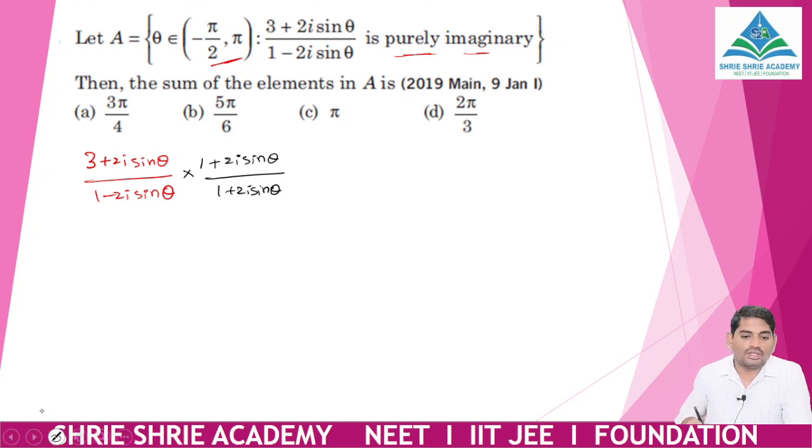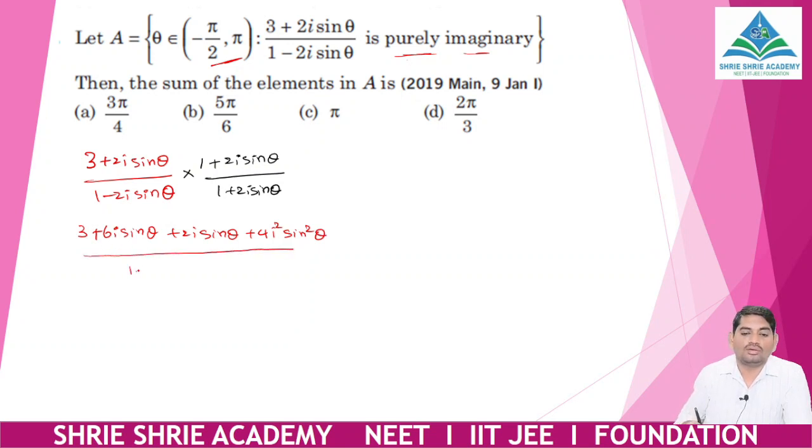What do we get in the numerator now? 3 plus 6 iota sin theta plus 2 iota sin theta plus 4 iota square sin square theta, all divided by 1 minus 4 iota square sin square theta.